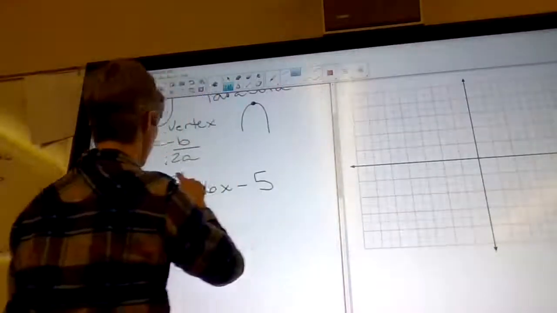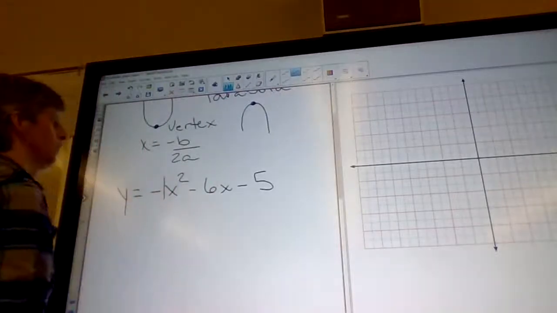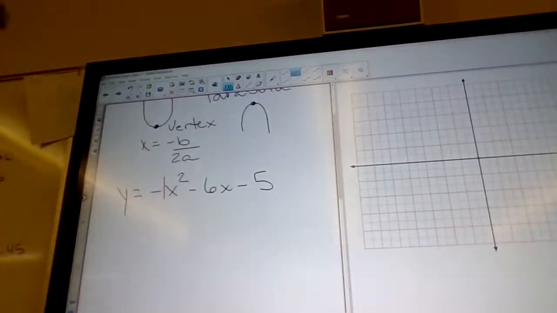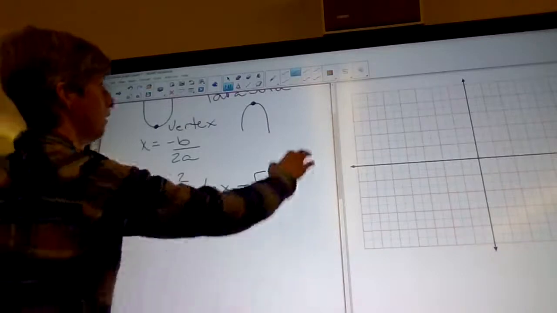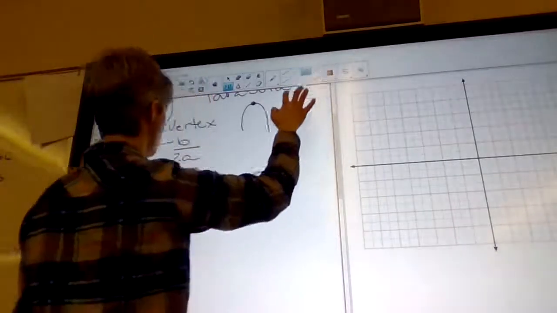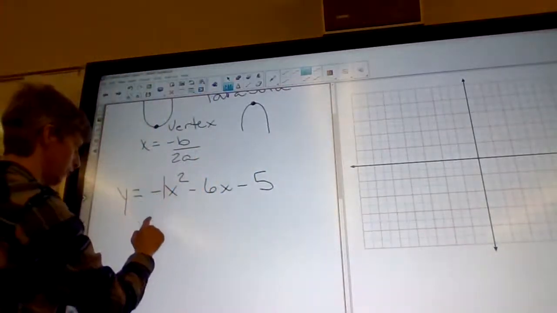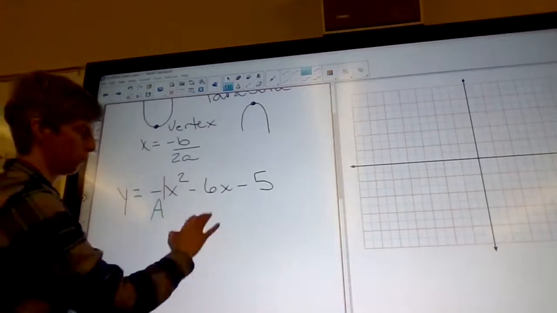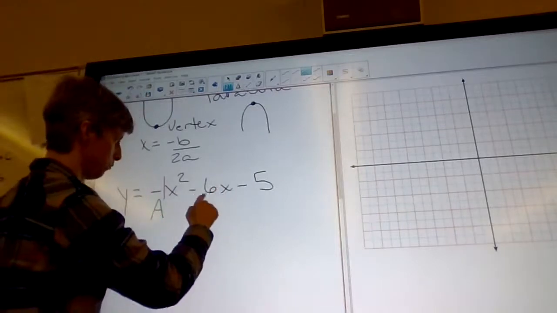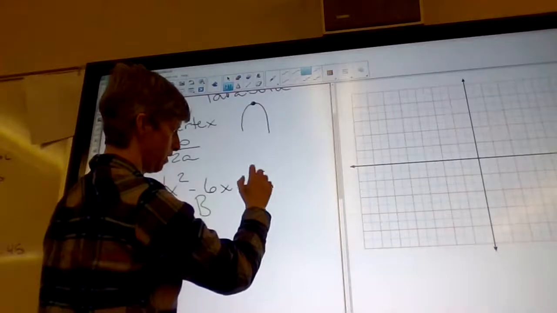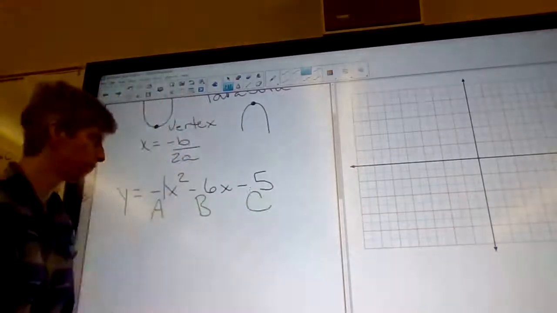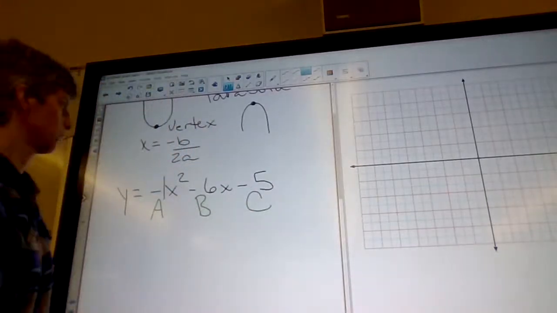So we're going to put a number in front so it doesn't confuse us: negative 1x squared minus 6x minus 5. The number in front of the x squared is your a. The number in front of the x is your b. And this plain number is your c term. We need to know that.